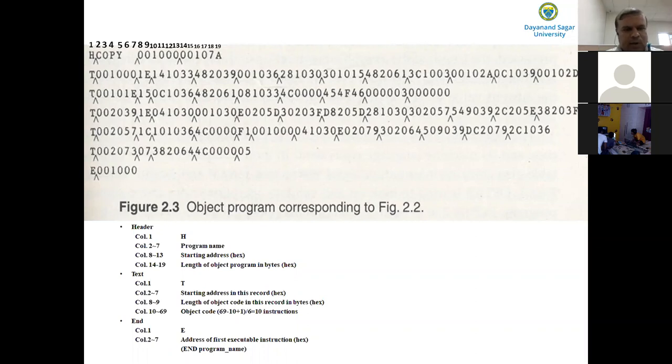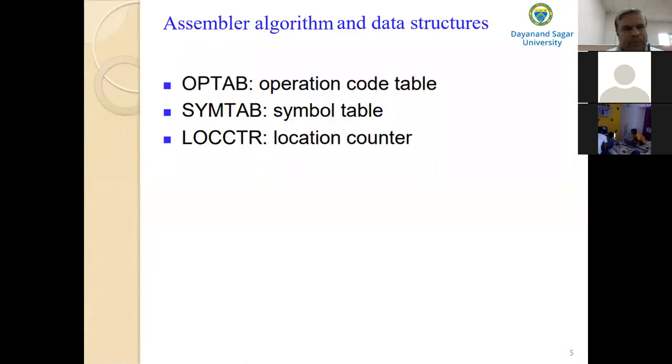After translating into object code, you need to write the object program in this format: header record, text record, and end record. That is how the simple SIC assembler converts the assembly language program written for the SIC machine into object code.